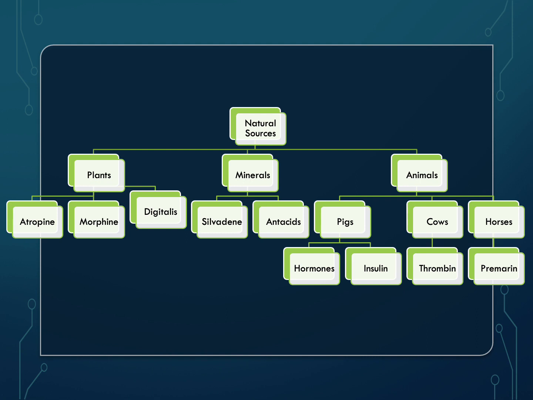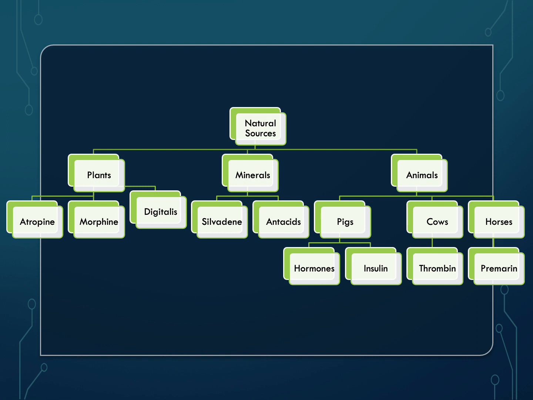However, when we look at alternative medicine, we will find it has a lot to do with the use of plants, okay? So some examples of medications that come from plants: atropine, morphine, and digitalis. Now, morphine is a narcotic, and it comes from the seeds of the opium poppy, all right?